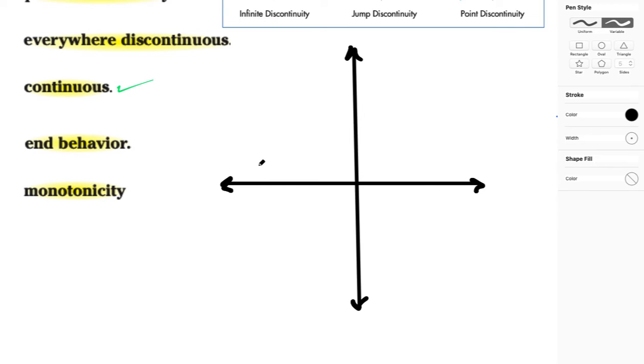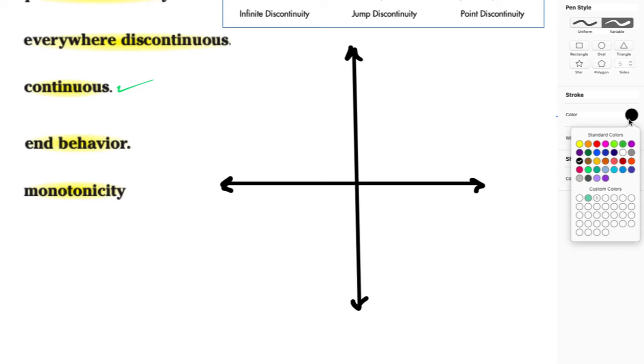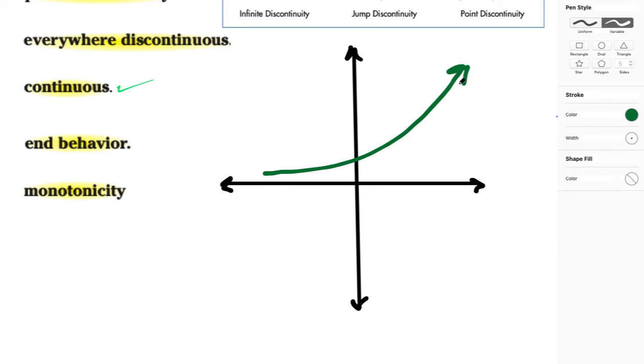I can look at this function here that I'm going to graph in green and say, oh, this function has monotonicity over the entire real numbers, over all reals, right? Because as we go from left to right, there is a consistent increasing happening. Every value is higher than the one before it, so it has a certain level of monotonicity.